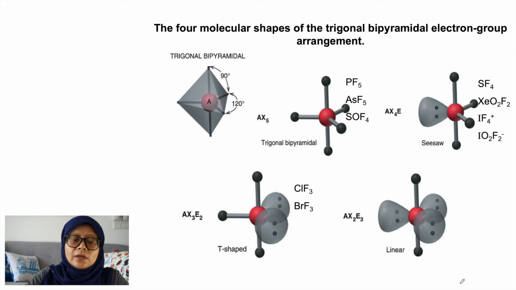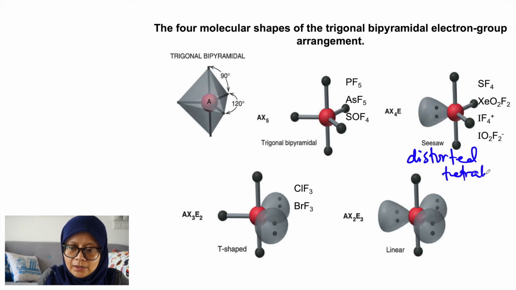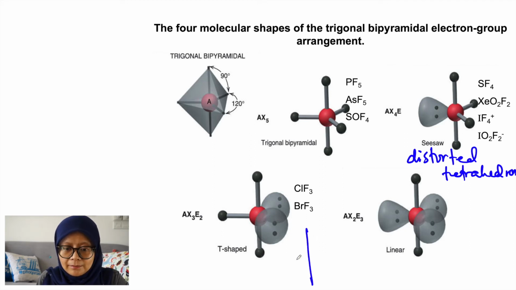The basic one here is the trigonal bipyramidal, and then we have the seesaw or distorted tetrahedron. And then we have the T-shape, with the 2 lone pairs.